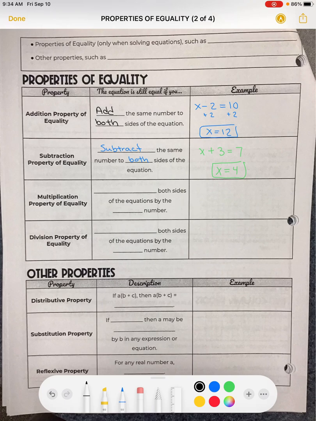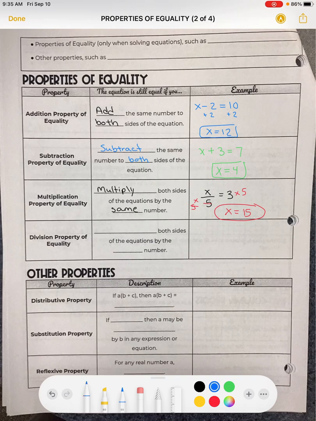Okay, multiplication is multiply both sides of the equation by the same number. An example of that, let's say we have x over 5 equals 3. We would multiply both sides by 5 to get rid of the 5 on the bottom. So you get x equals 15.